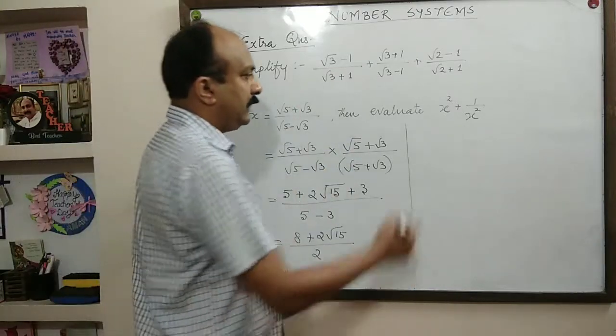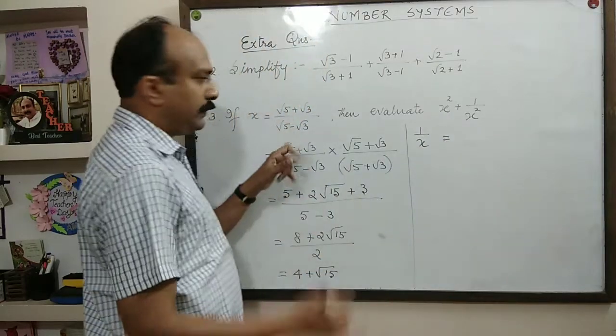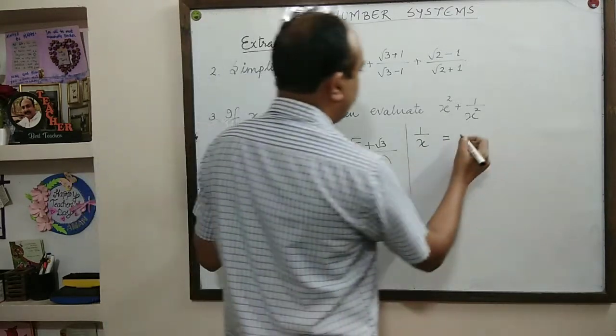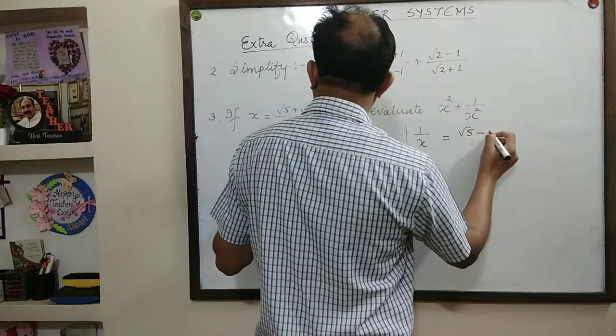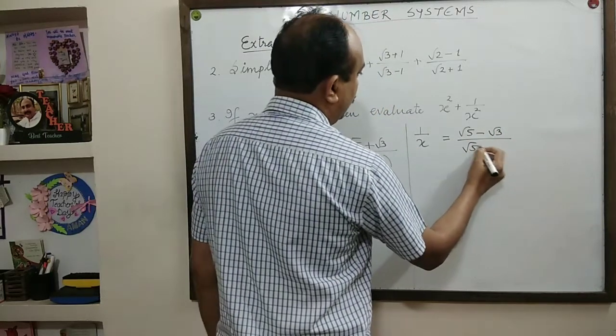So we got the value of x as 4 plus root 15. Now we are going to find the value of 1 upon x. So 1 upon x means reciprocal of it, that is root 5 minus root 3 upon root 5 plus root 3.